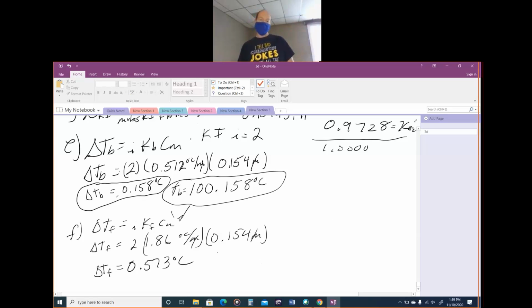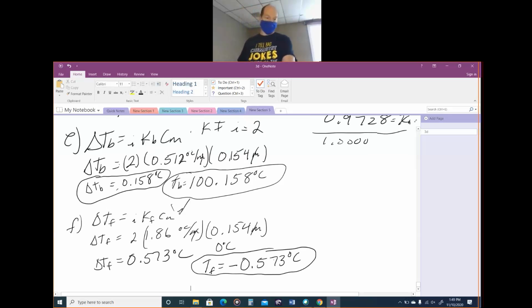Water, of course, freezes at 0 degrees Celsius, and now it freezes 0.573 degrees Celsius less than that, and so your temperature of freezing for this solution is negative 0.573 degrees Celsius, because that's how much it went down from its normal freezing point of 0.